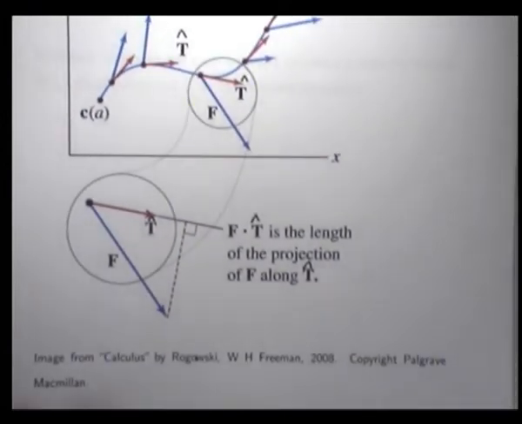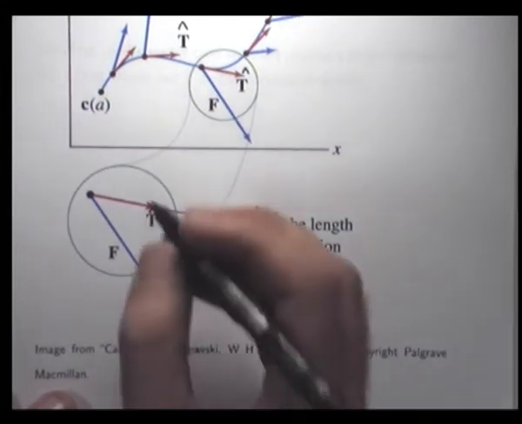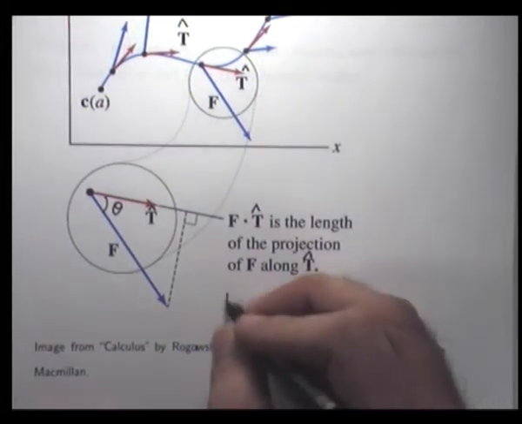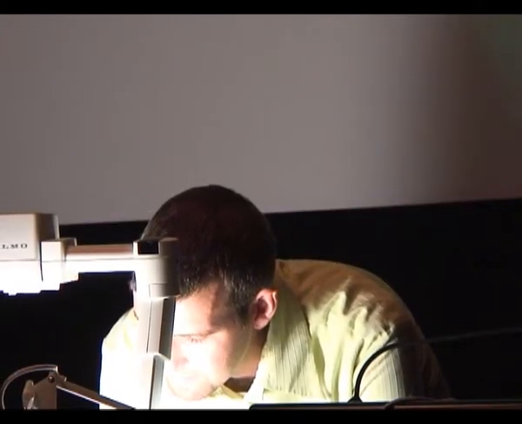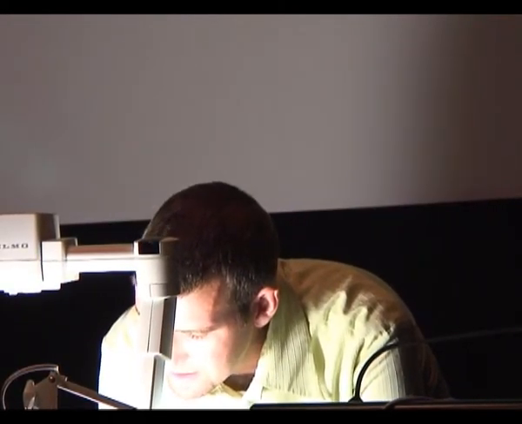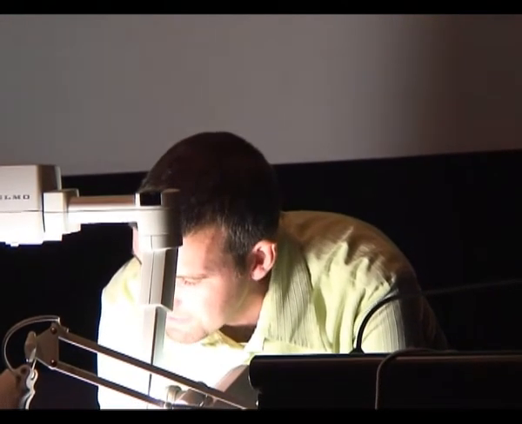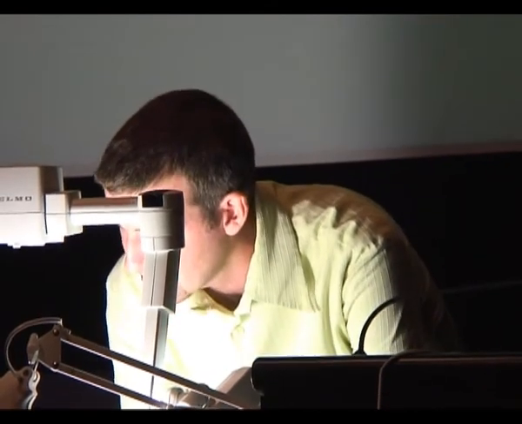So if theta is the angle between the vector field and the unit tangent vector, then remember that F dotted with the unit tangent vector is just the magnitude of F times cos theta, where theta is the angle between the two vectors at any point.